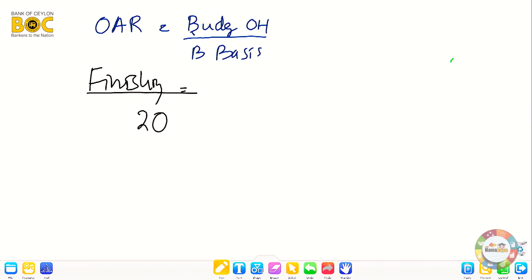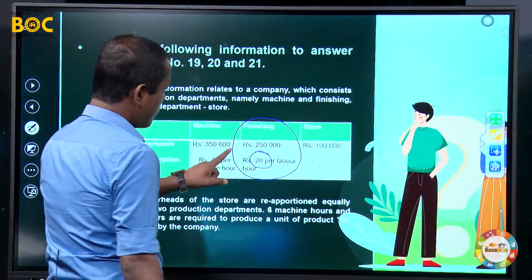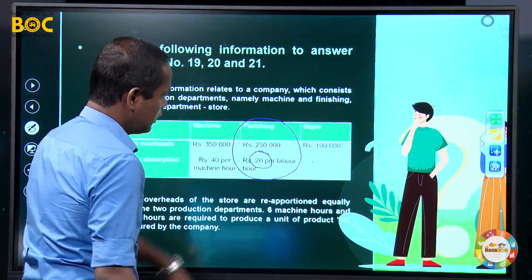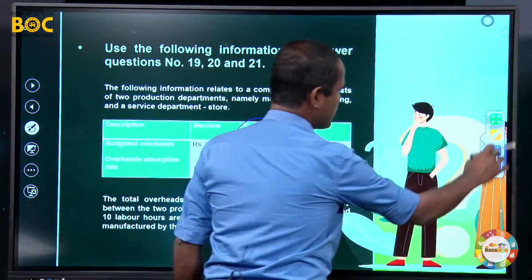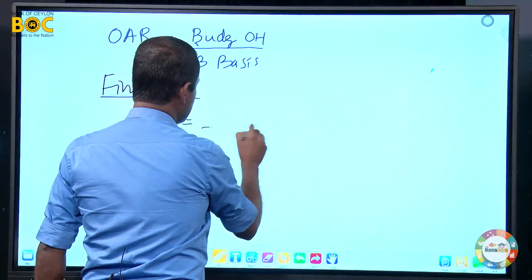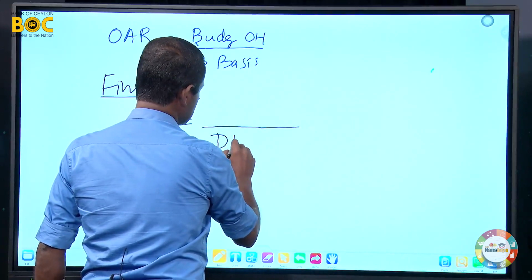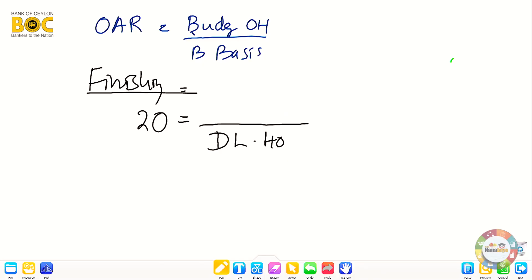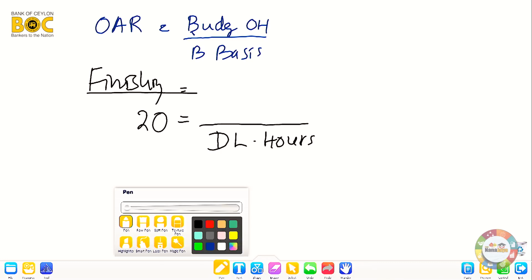Absorption rate equals 20 rupees, which is budgeted overheads divided by direct labor hours. Now the issue is the computation of budgeted overheads.